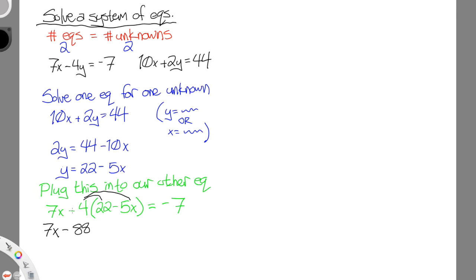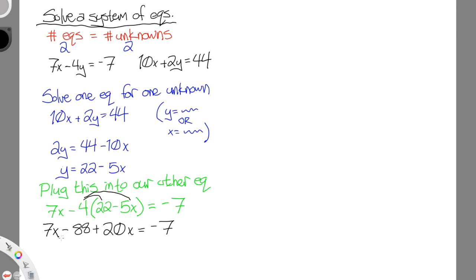And then we have minus 4 times negative 5x. Both this negative out front of the 4 and this negative in front of the 5, you have to think about both of those. So negative 4 times negative 5x is plus 20x equals negative 7.